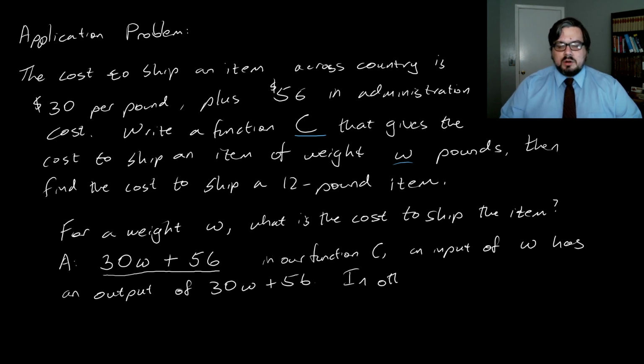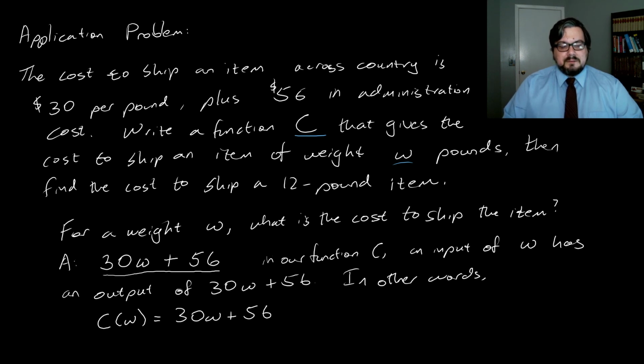In other words, C of W equals 30W plus 56. That's exactly what this notation, this function notation down here means. If our input is W, our output is 30W plus 56.